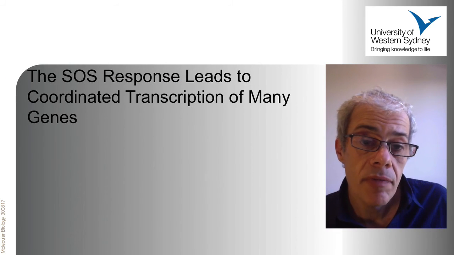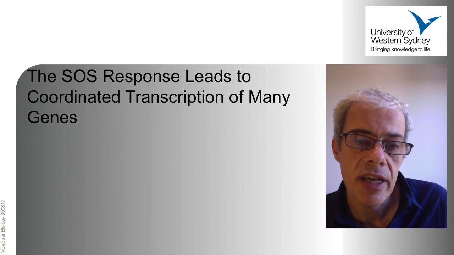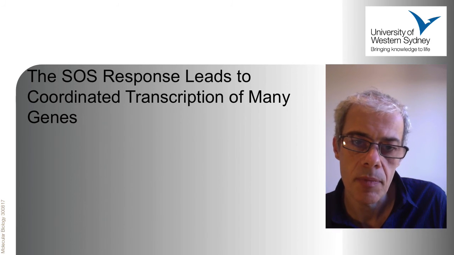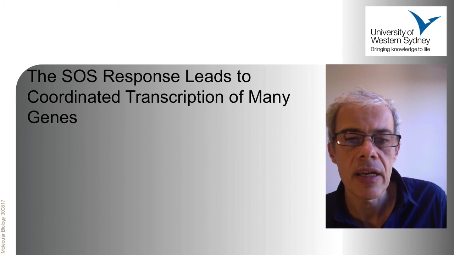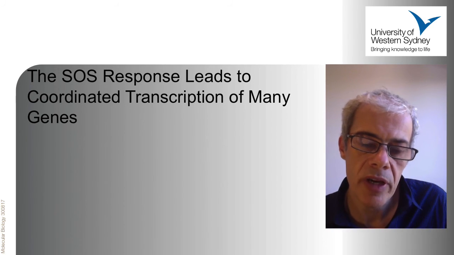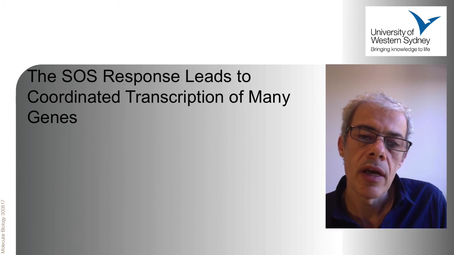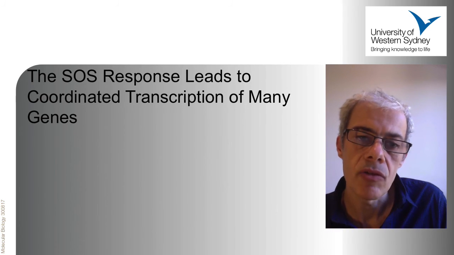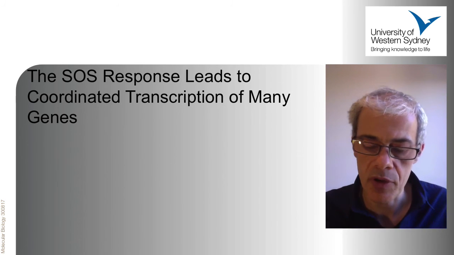Alright, so I'll finish off this lecture with a fairly short section just looking at these SOS response genes. This is a concept we covered briefly in the last lecture, this idea of a bunch of genes separated around the genome being coordinately regulated by the same repressor protein.